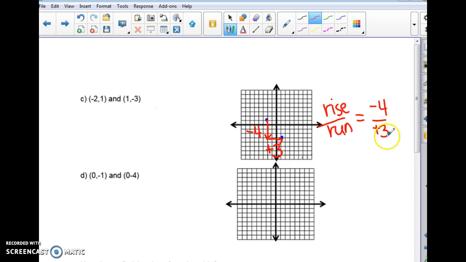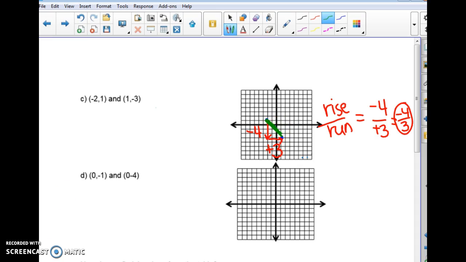We cannot simplify this anymore, so that's going to be just negative 4/3. That is the slope. This time we have a negative slope. And when you graph those 2 points, I'm going to connect those 2 points. This will make negative slope.